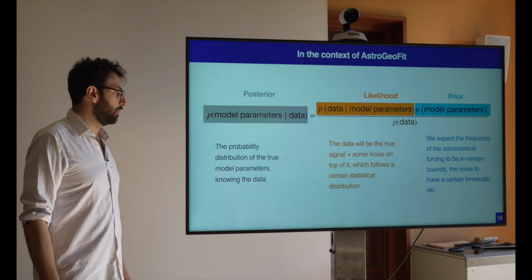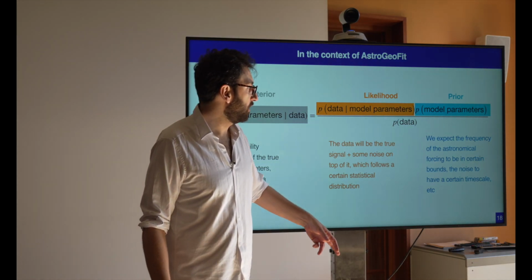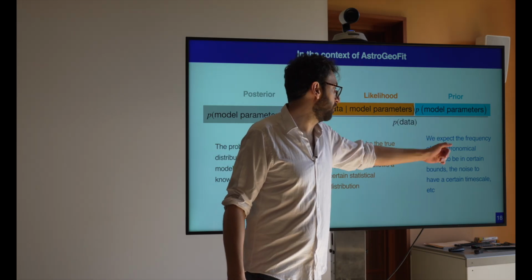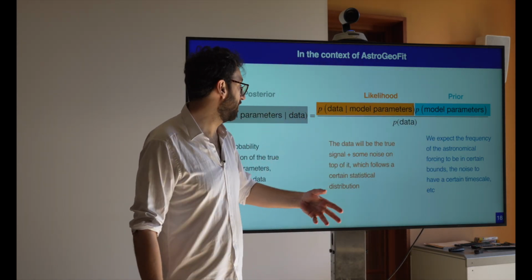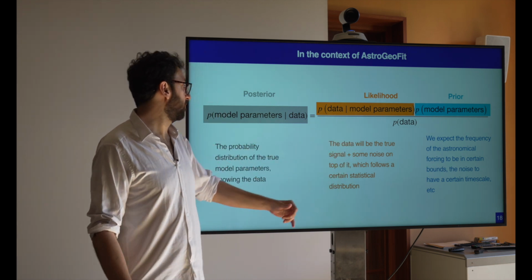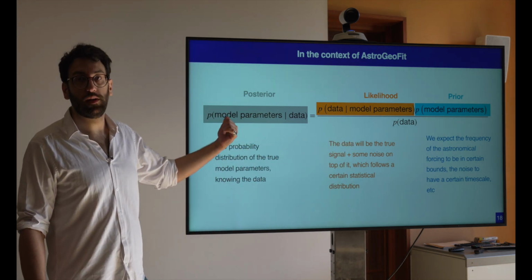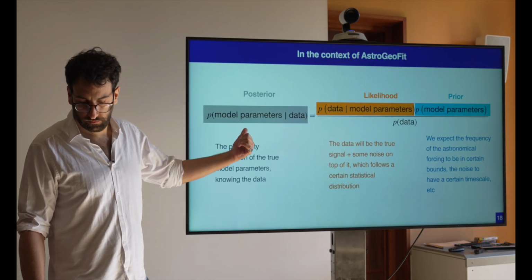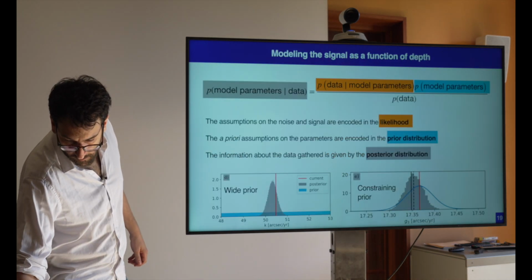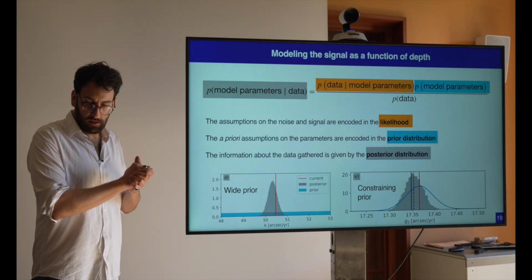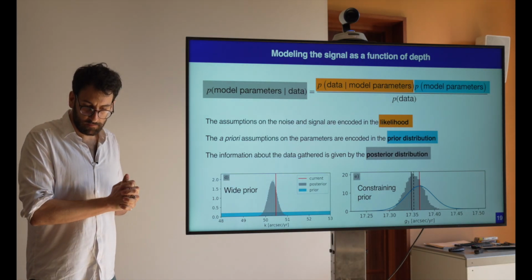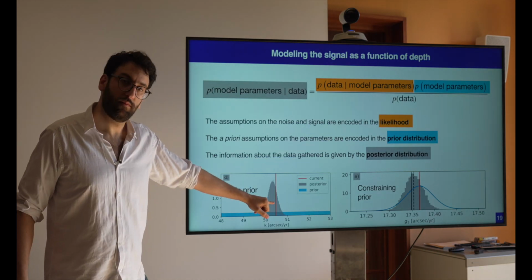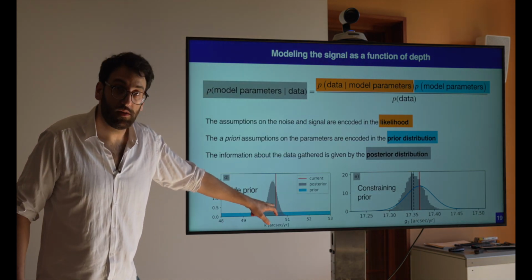In the context of the geological forcing, the model parameters are all the model parameters we talked about so far. This is the likelihood we defined so far, and these are going to encode our uncertainties. In practice, in AstroGeoFit, you will see things like this. These are the posterior distributions of your parameters.